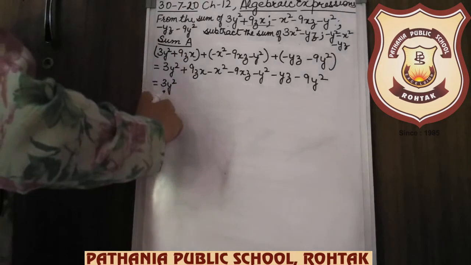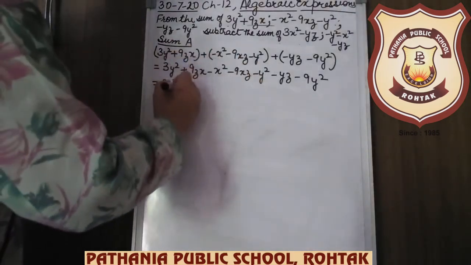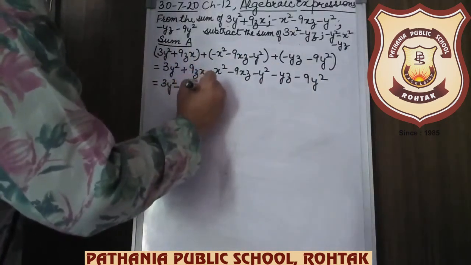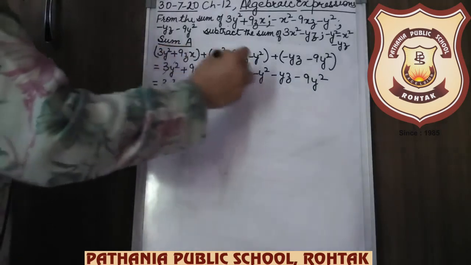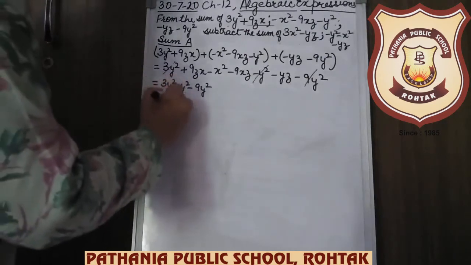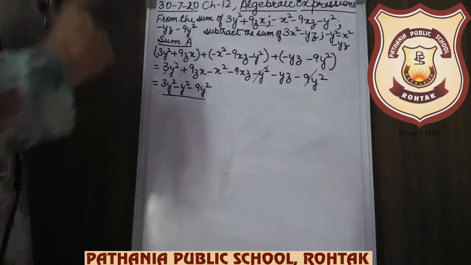With y square variable, 3y square minus y square and minus 9y square. So you have used this one and this one. This is your collection of like terms of variable y square.